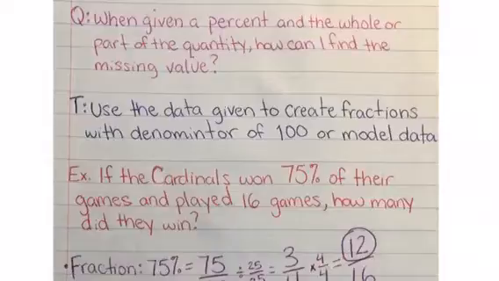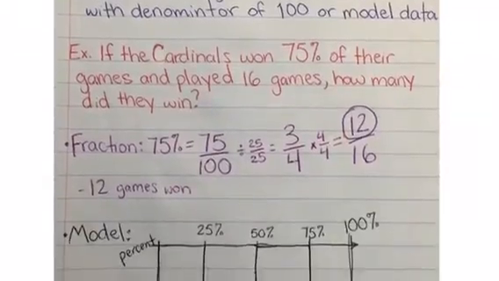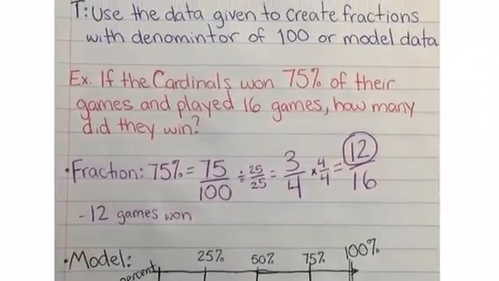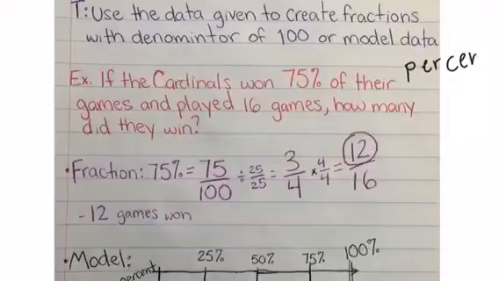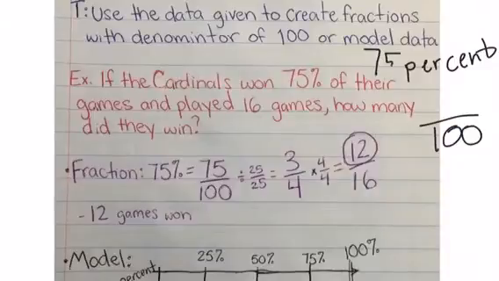Let's take a look at the first way with the fraction. We take our 75% and turn it into 75 over 100, because you remember percent means per 100. So 75% means 75 per 100.